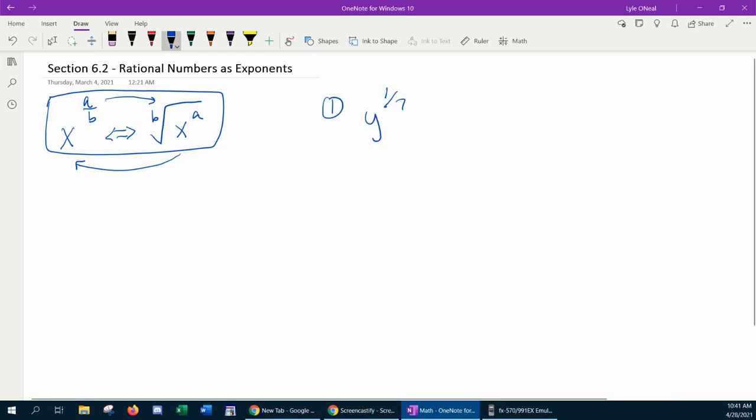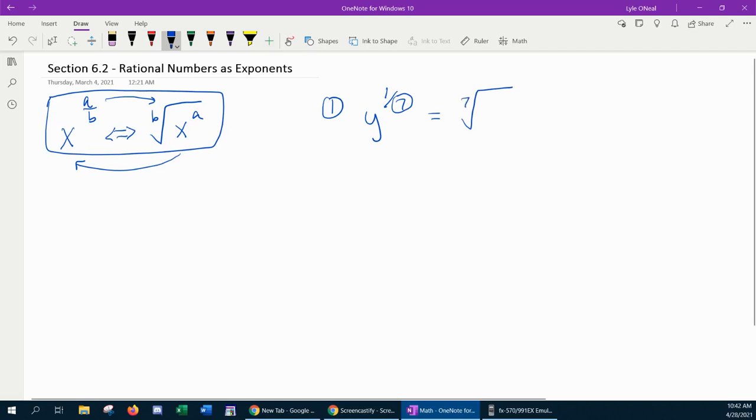So our first problem says y to the 1/7, and the instructions say to write without rational exponents. So that's going to imply that they want you to write it as a radical expression. If you have a rational exponent and you want to convert to a radical symbol, remember the denominator becomes the index.